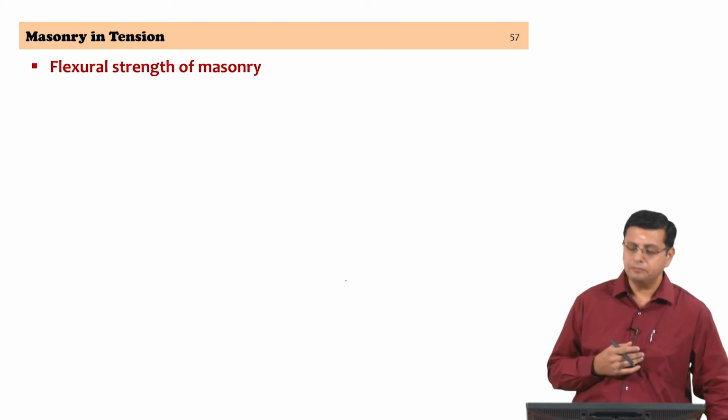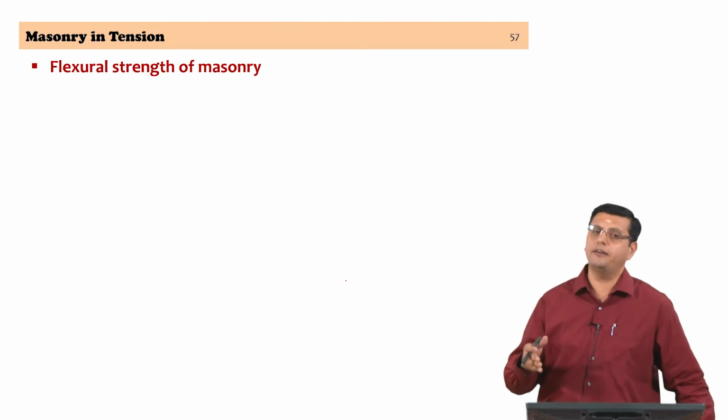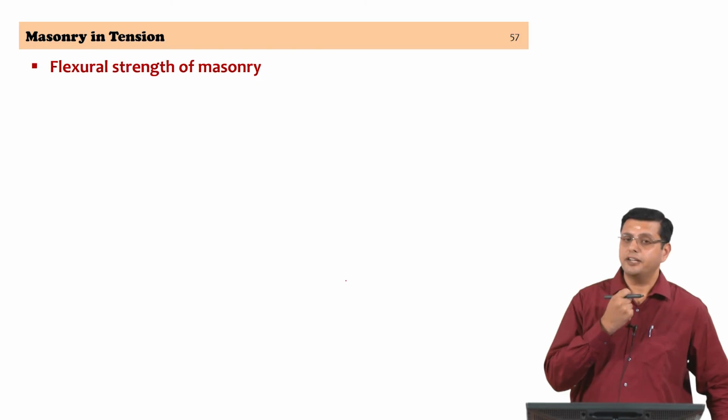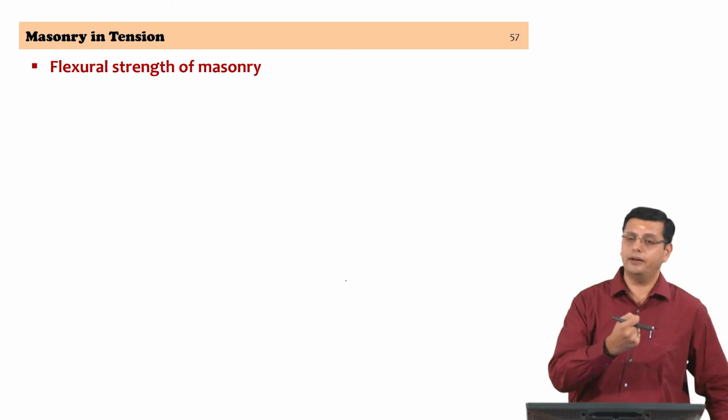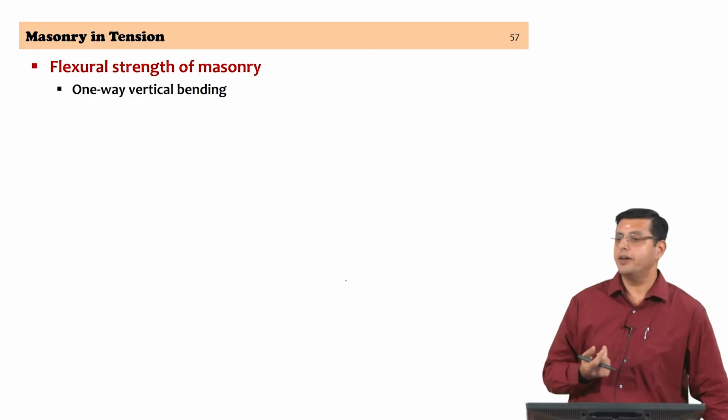So, let us examine the 3 typical cases when you have a combination of gravity forces and lateral forces where the flexural tensile strength is required for the masonry to resist the external actions. One way, vertical bending.